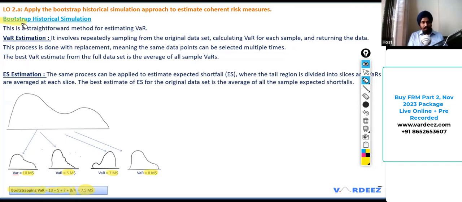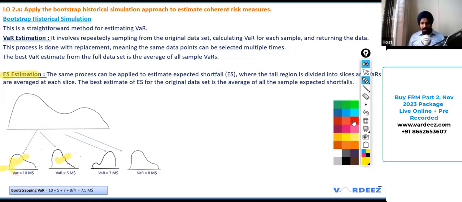So the Bootstrap historical method is nothing but taking up these samples, and the same thought process can be applied to ES as well. For each of these VARs, you can slice the tail here and calculate the average of whatever is above the VAR.